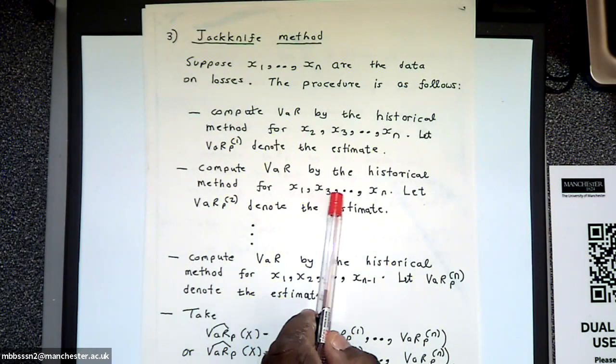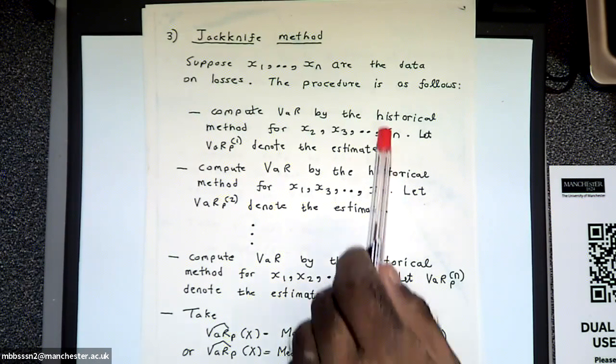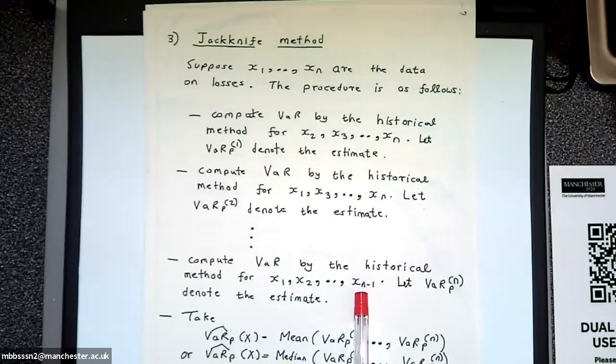So you have x1, x3 up to xn. And the final step is to compute VAR by the historical method, excluding the last data point. So you have x1, x2 up to xn minus 1. So these steps will give you n different estimates for VAR, each computed using the historical method.